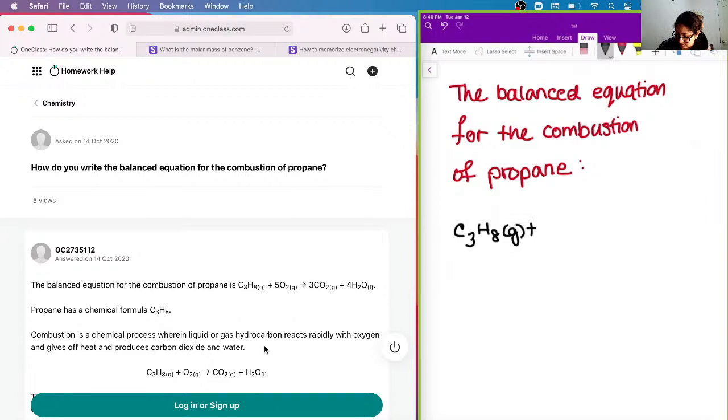This reacts with oxygen, and you form carbon dioxide and water.